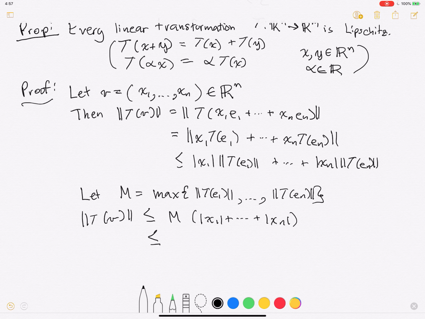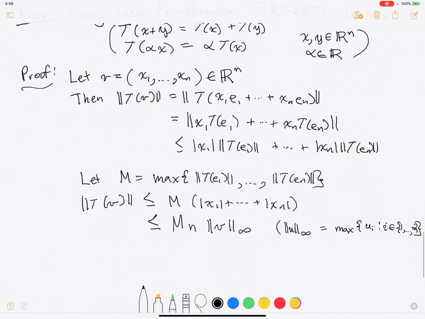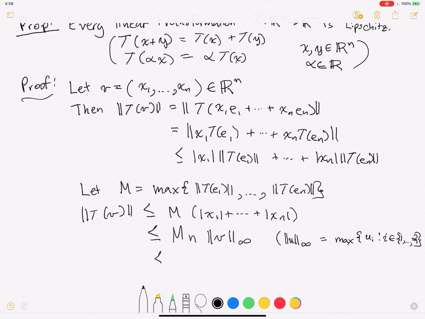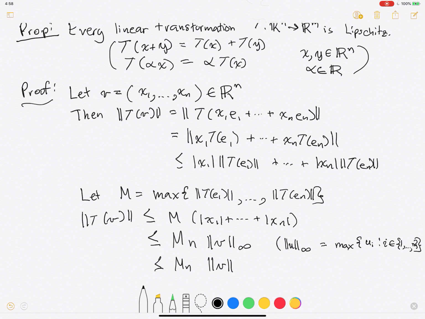And that's less than or equal to mn times the infinity norm, where the infinity norm, say for u, is equal to the maximum of the absolute value of ui for all i in 1 to n. So just the largest coordinate, and that is less than or equal to the norm. It's a well-known inequality: the infinity norm is less than or equal to the norm.